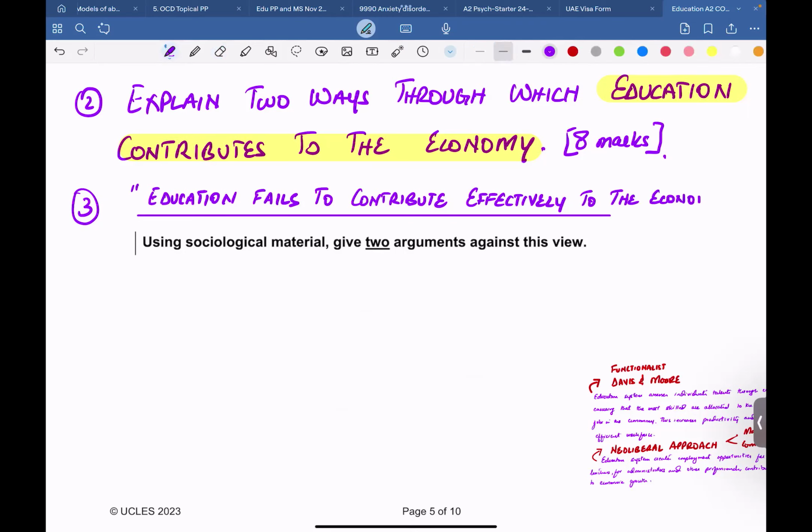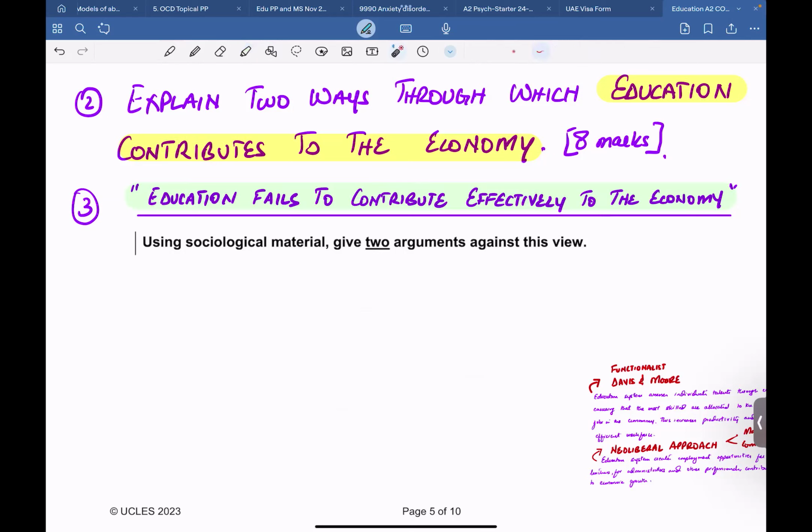So this could be a statement that you receive as well. Education system fails to contribute effectively to the economy. It's the same statement. I have just rephrased it in an opposite manner.